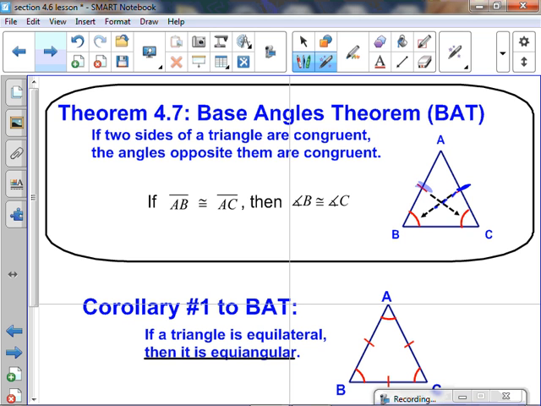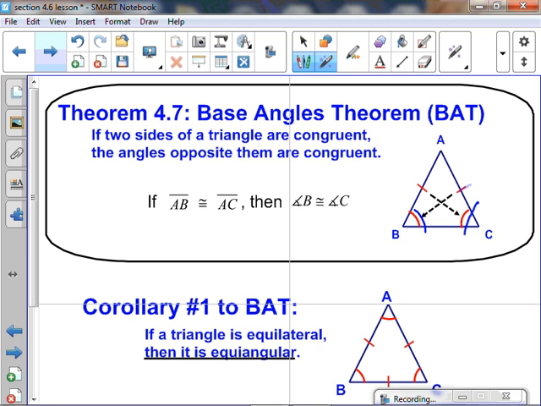You can see those with these dotted lines: this angle right here is opposite side AC, and angle C over here is opposite side AB. So you know that if AB equals AC, then the measure of angle B equals the measure of angle C.